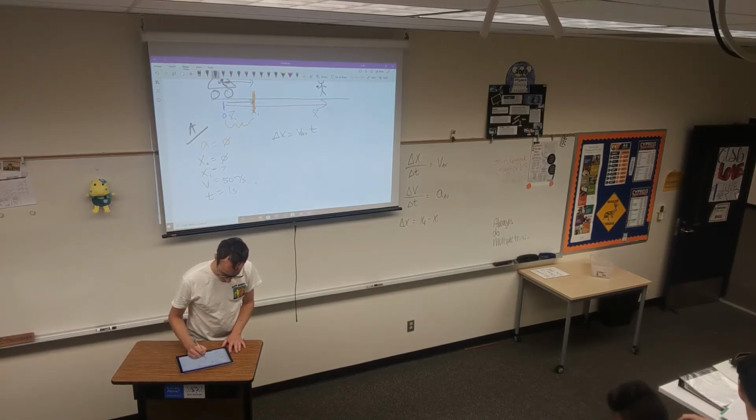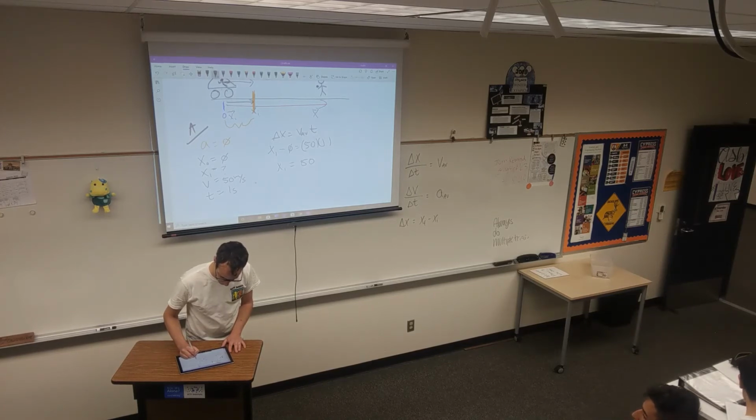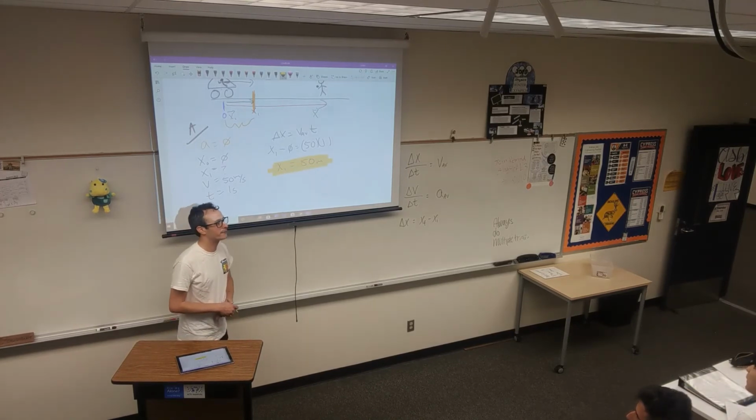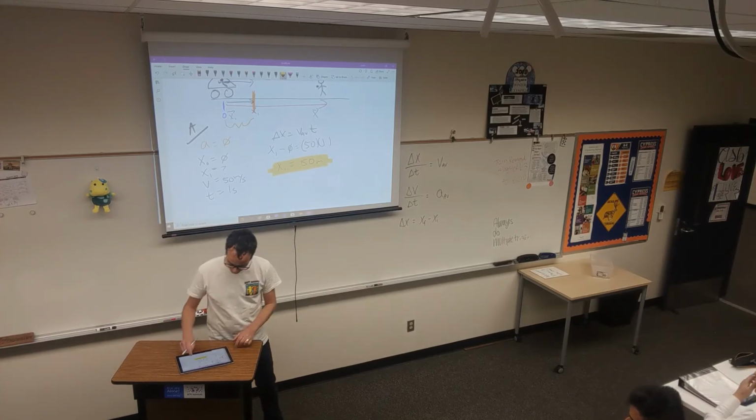So this is the final position, x1, minus the initial position, which is 0. So this is 50 meters per second multiplied by 1 second. So my final position here is going to be 50 meters. So that's part 1. Now I know how far I've gone from my origin once I slam on the brakes.